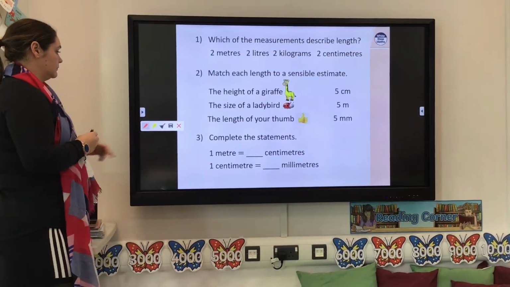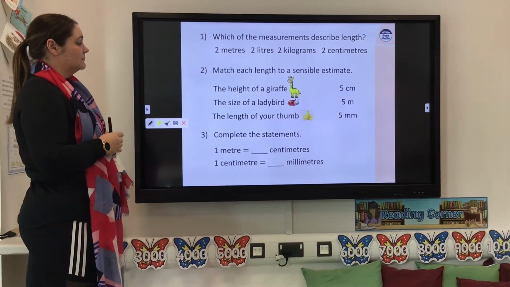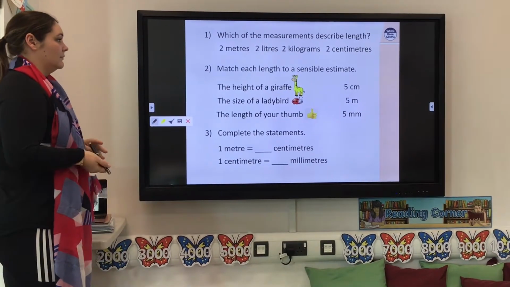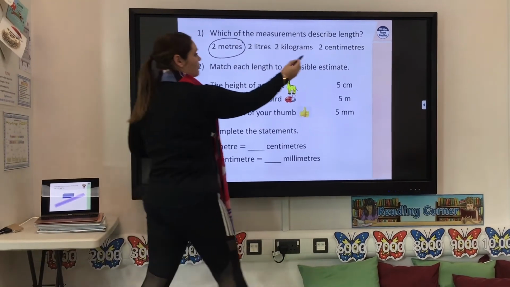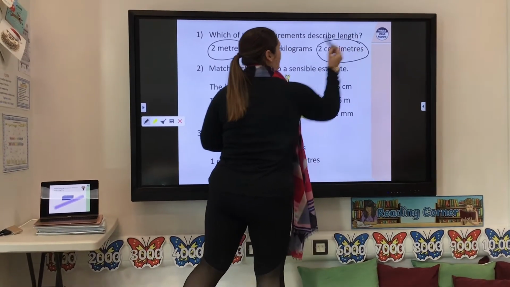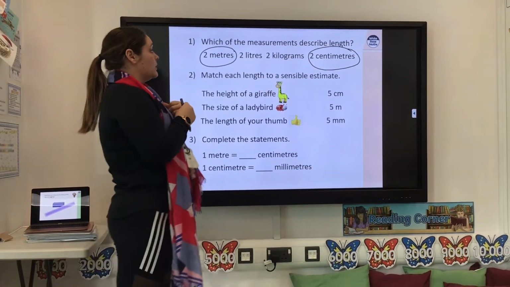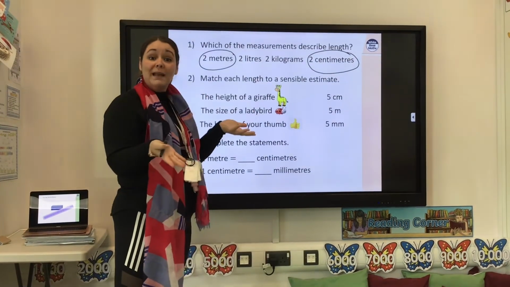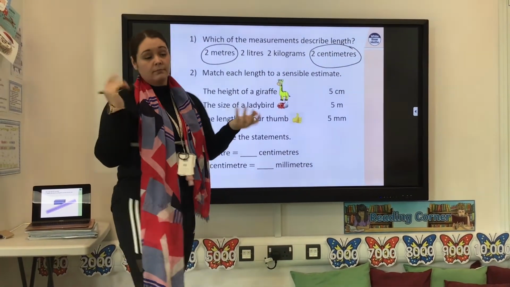You've said something about a metre stick, and also I know that a ruler has centimetres on it. So I think it's 2 metres and 2 centimetres. I'm not sure about litres though. You are completely correct. 2 metres, and you are right there. We had a metre stick, which I showed you earlier, and 2 centimetres. You normally see that on your ruler as well. So 2 litres is normally used to describe liquid, and 2 kilograms you normally see in baking because that's to describe weight. So well done.